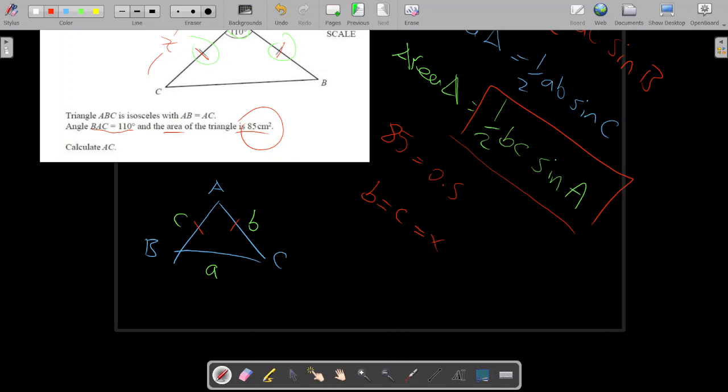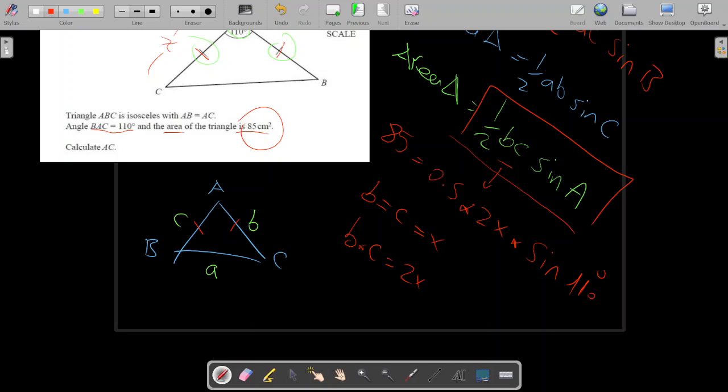It means that when I multiply b and c, it's going to be x squared. Now I'm going to translate this into half multiplied by x squared, because these two sides are equal, multiplied by sine of angle 110.